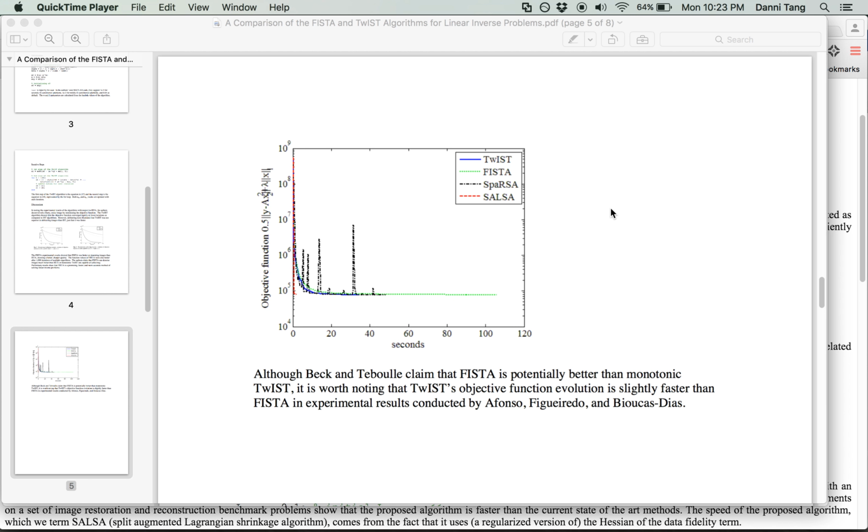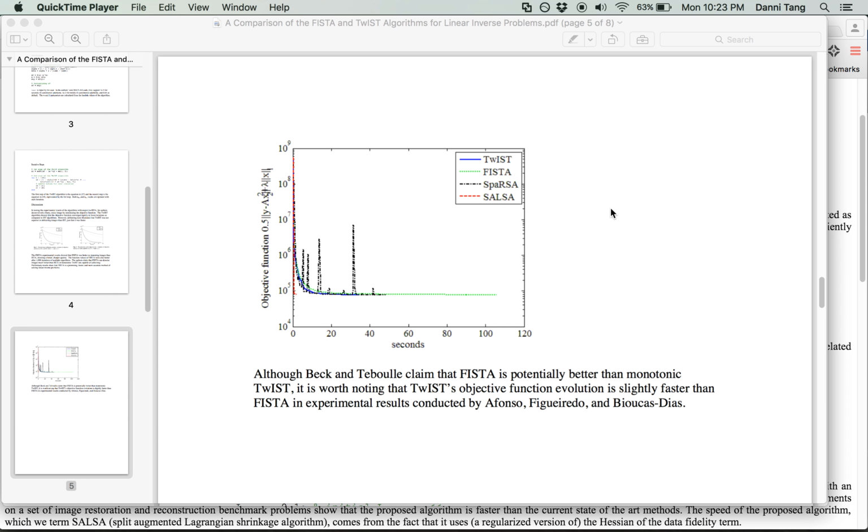The authors of the TWIST algorithms looked at all the different algorithms. They looked at 4 different ones. In this project, we only looked at 2 of them, TWIST and FISTA, and their graphs show that the objective function evolution for TWIST is actually better than FISTA.